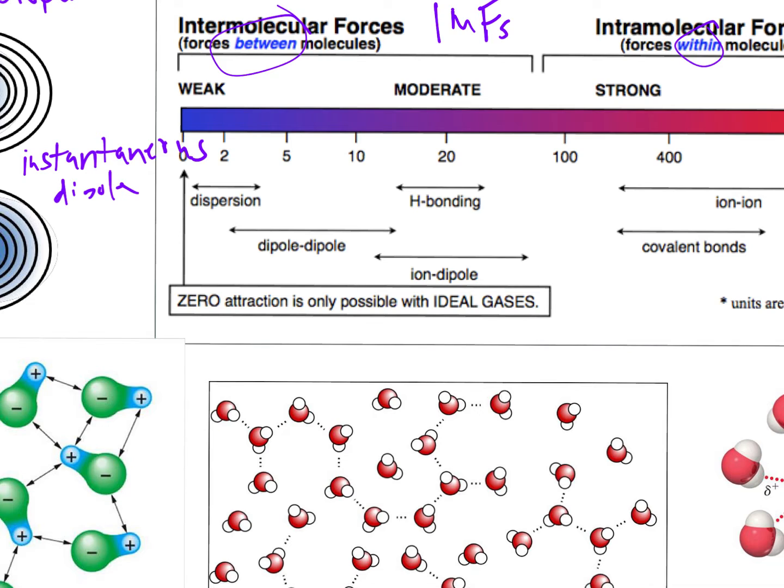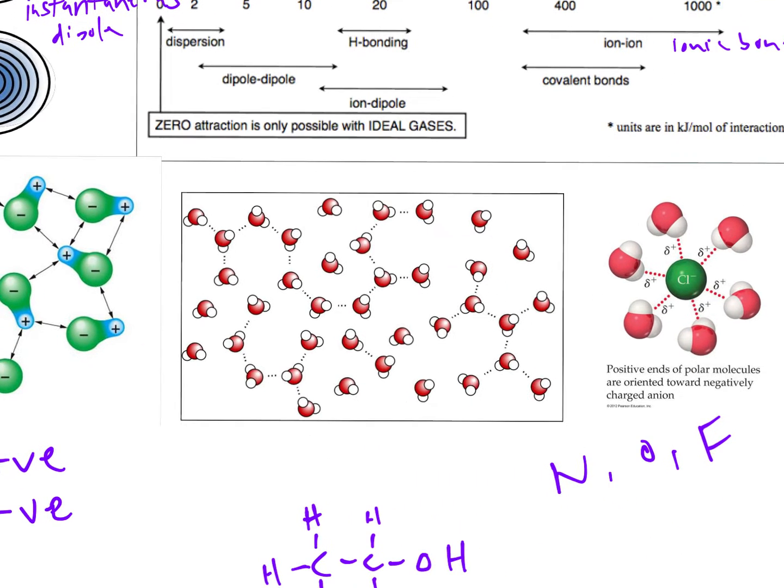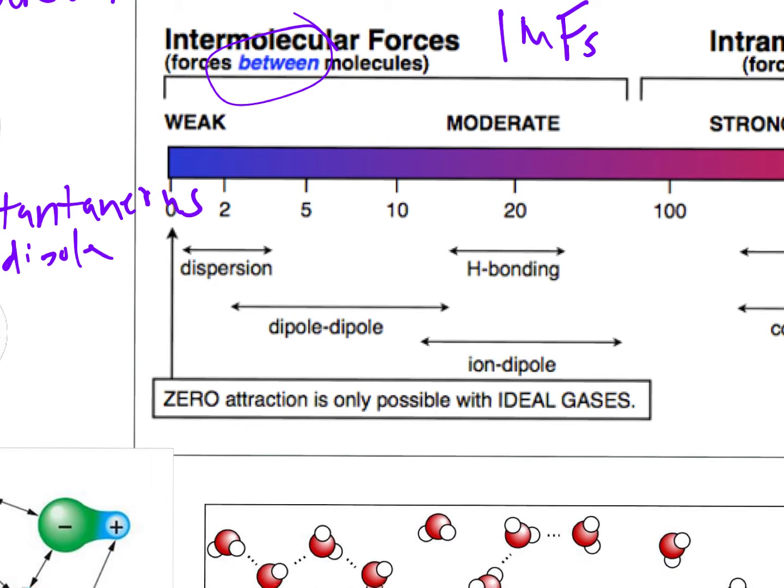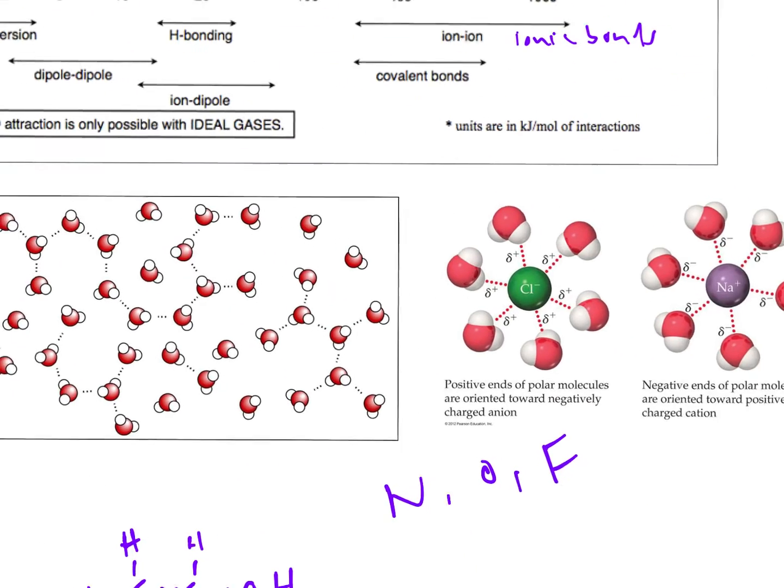In general, hydrogen bonding is stronger than dispersion forces, is stronger than dipole-dipole. But we're going to see some examples where we can exceed the strength of a hydrogen bond with other types of forces. So I guess what I'm trying to say is use this scaling as a general trend, but not a rule.